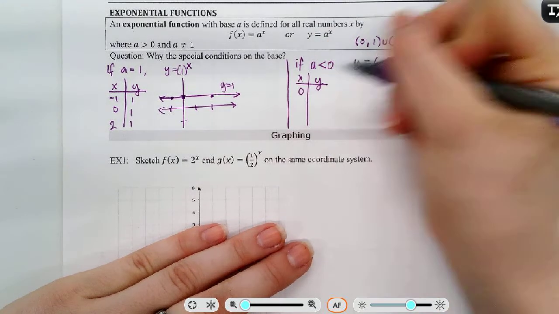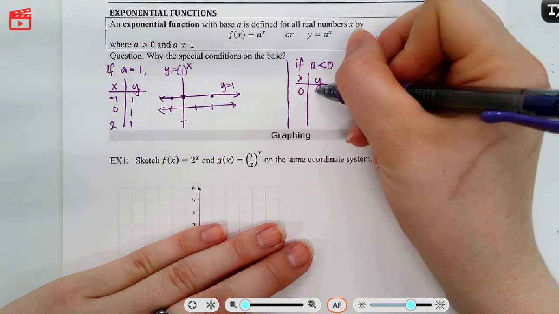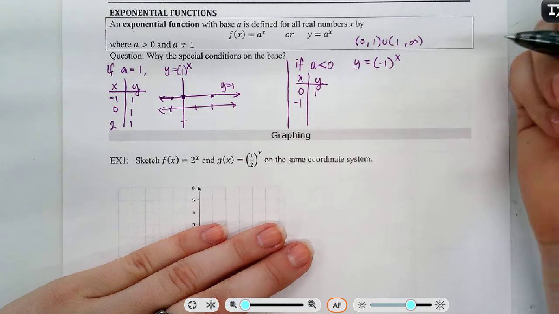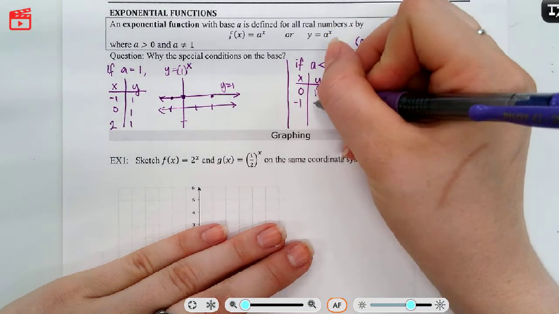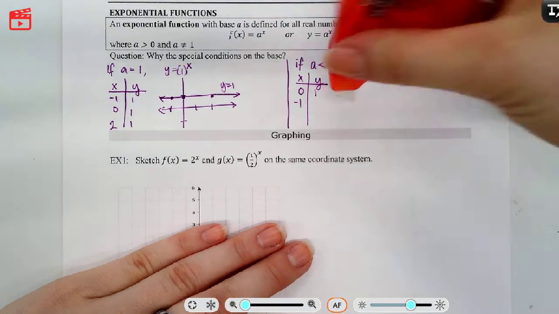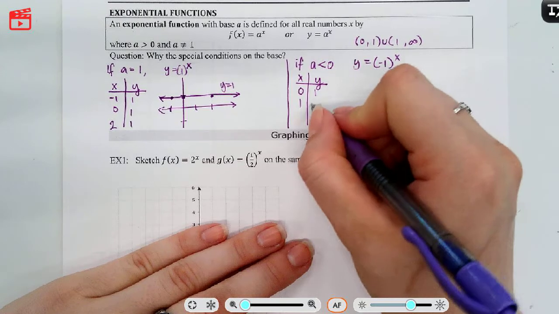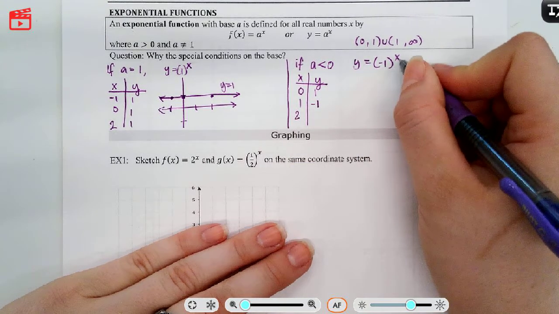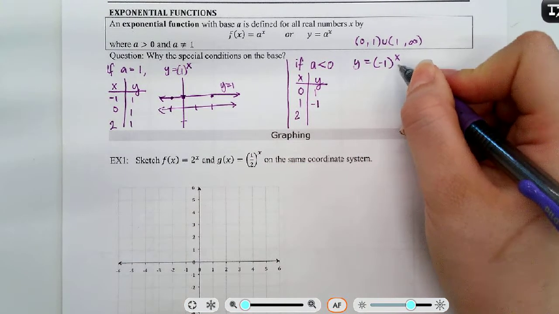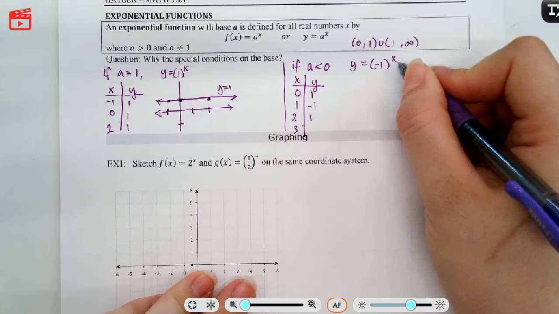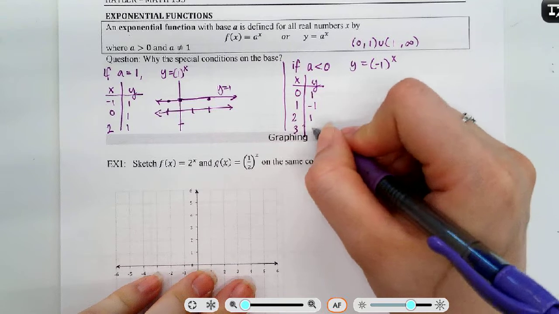If we picked x equal to 0, y would be 1. If x was 1, y would be negative 1. If x was 2, y would be negative 1 squared, which would be positive 1. And if x was 3, y would be negative 1.